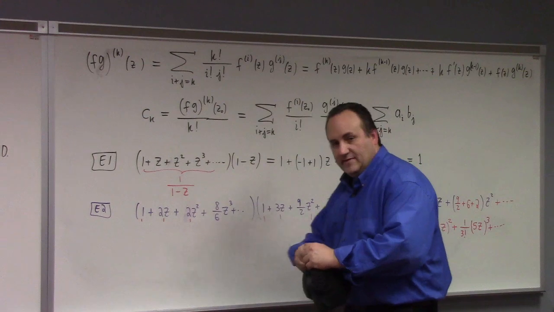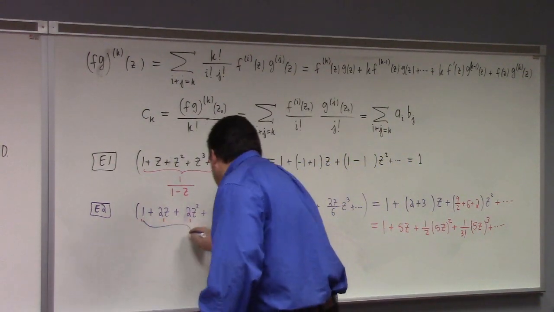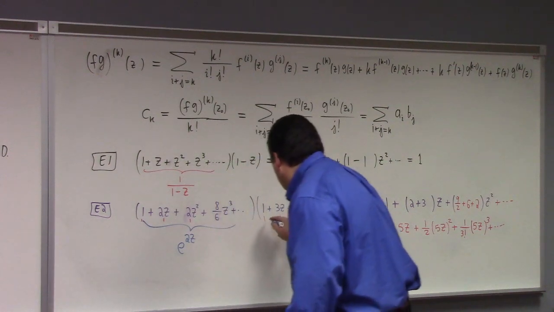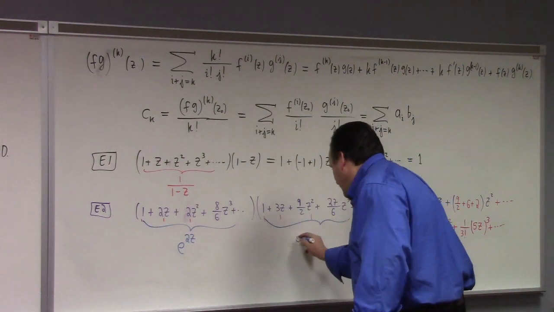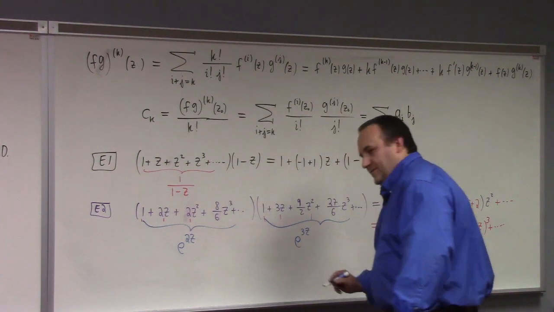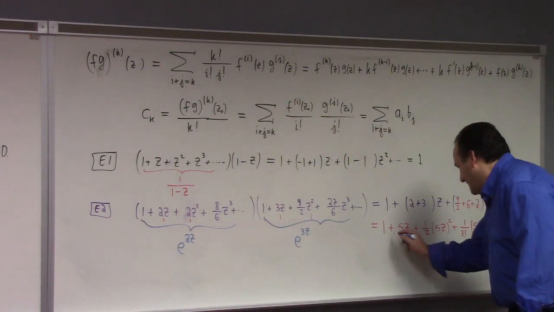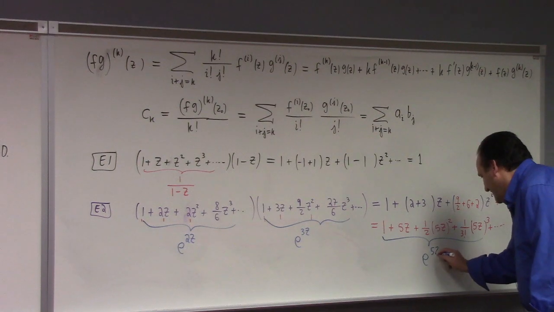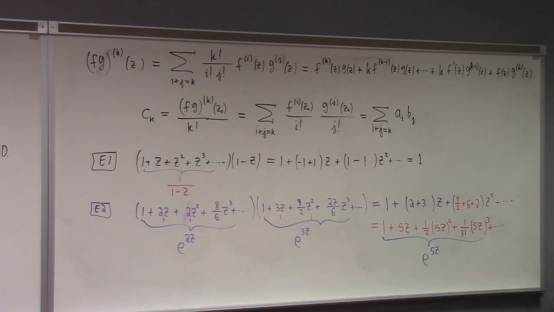Look, this is exactly e to the 2z. This right here is e to the 3z. So it should not be surprising to us that this is e to the 5z, because e to the 2z times e to the 3z is e to the 2 plus 3, 5z.